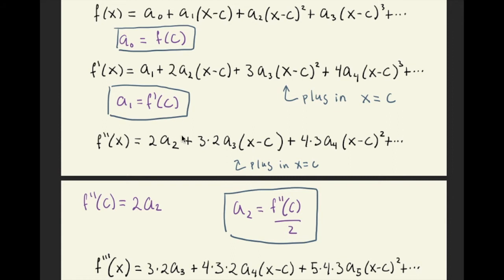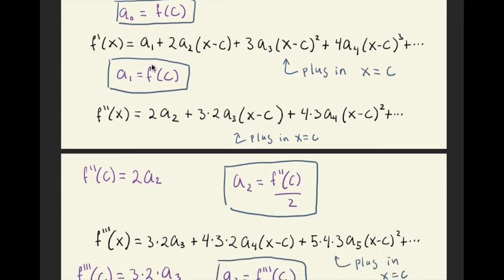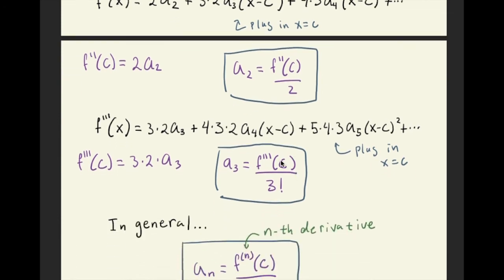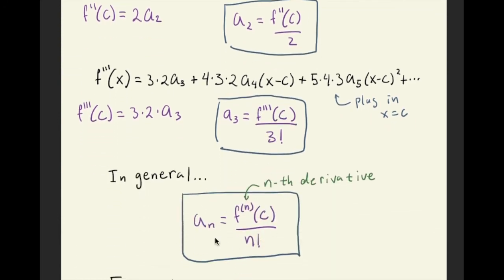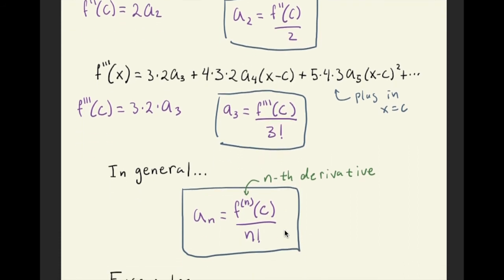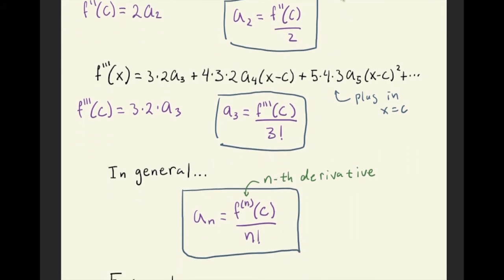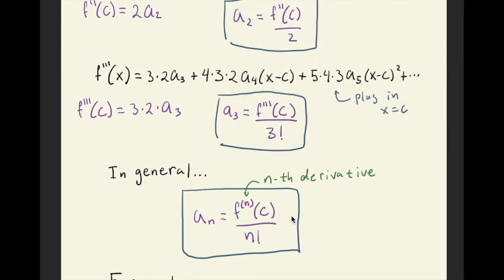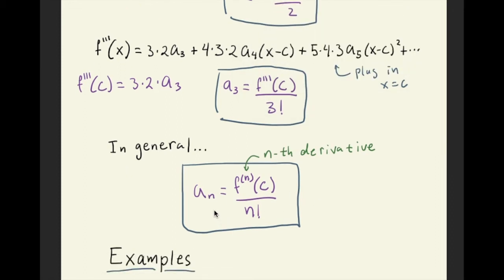So this is f^(1): first derivative, plug in c divided by 1 factorial. Second derivative, plug in c divided by 2 factorial. 2 factorial is equal to 2. Third derivative, plugged in c divided by 3 factorial. So it always follows this pattern, and you just obtain that by following this process that I explained. Okay, so this is the formula for the nth coefficient of the Taylor series.